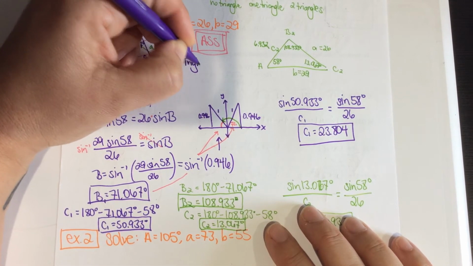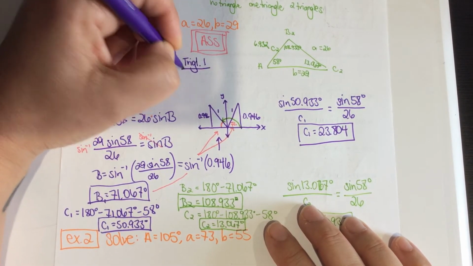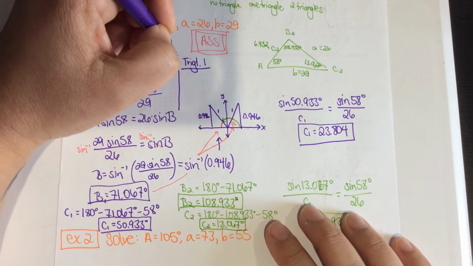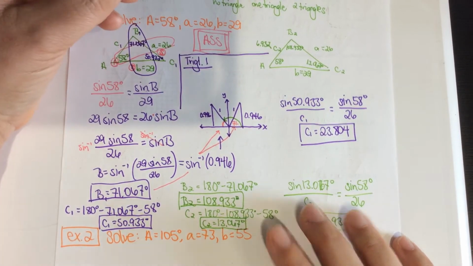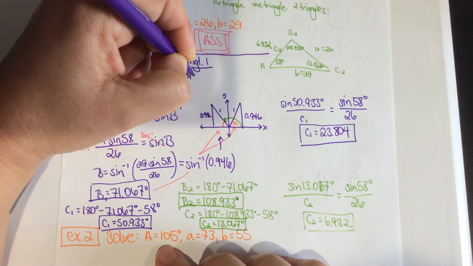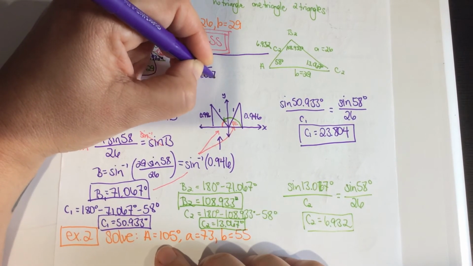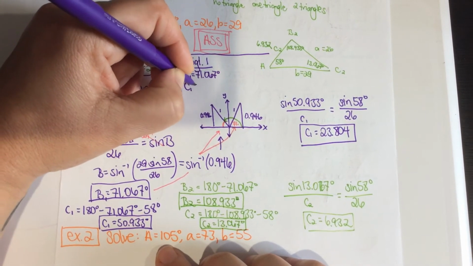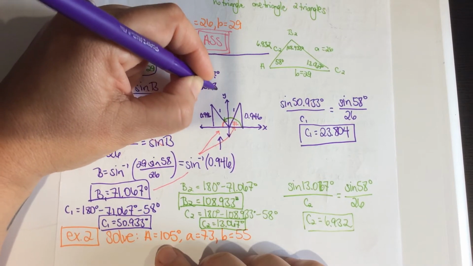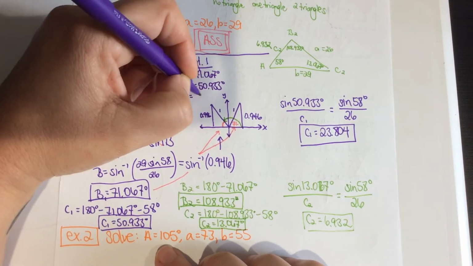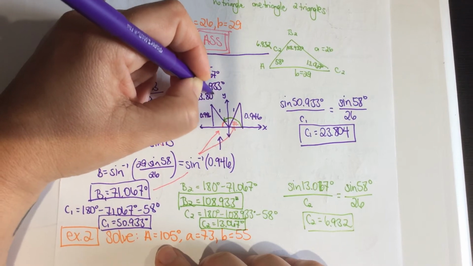Triangle, I can't spell either. I'm just going to come up with a lame abbreviation. Okay, triangle 1 has angle B 71.067, angle C 50.933, and side C 23.804.